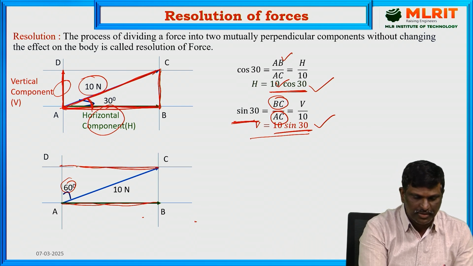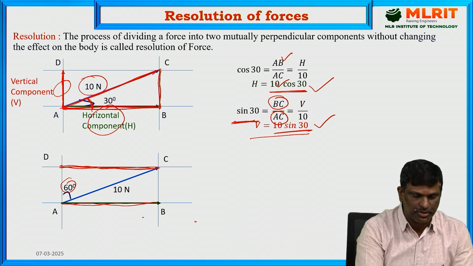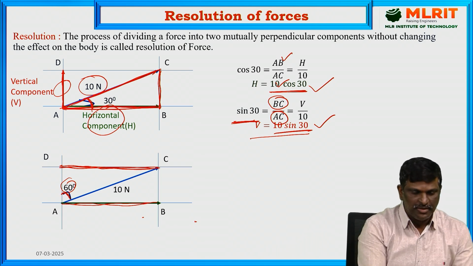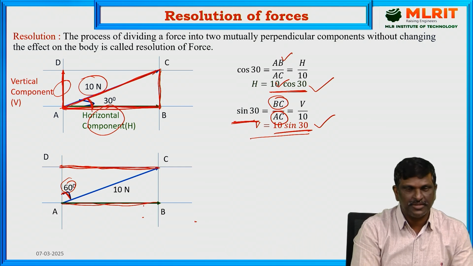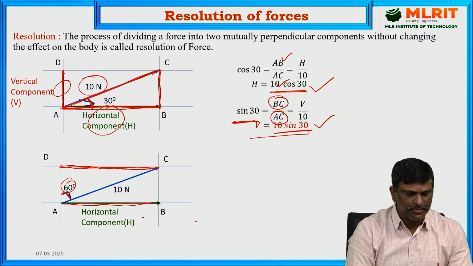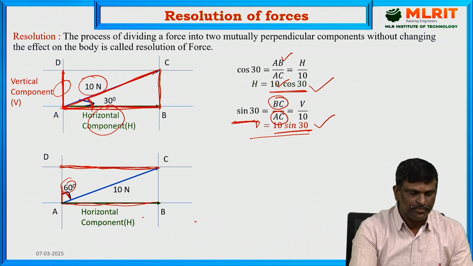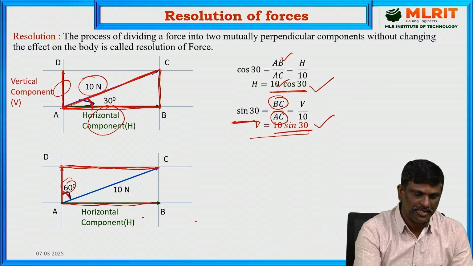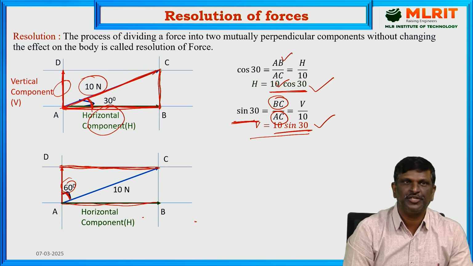See here, CD is in the opposite side to the given angle 60 degrees. CD is equal to AB, which is our horizontal component, and the side AD is now adjacent to the 60 degrees.